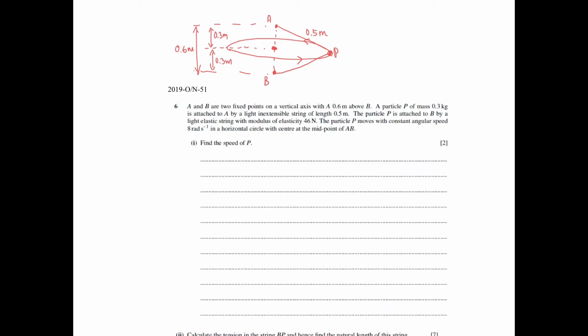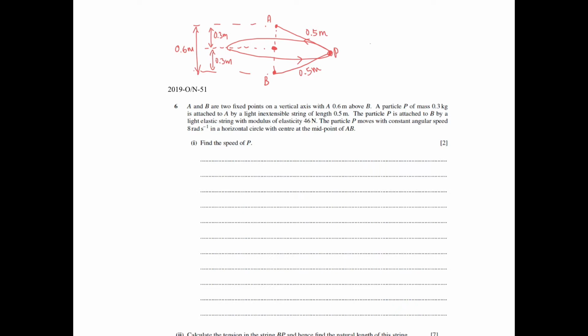As the triangle above is similar to the triangle at the bottom, we should expect BP is also 0.5 meter. We just know the final length. The natural length is unknown.